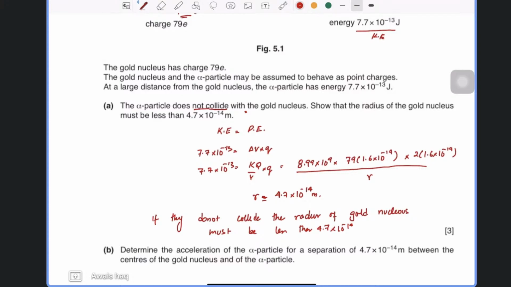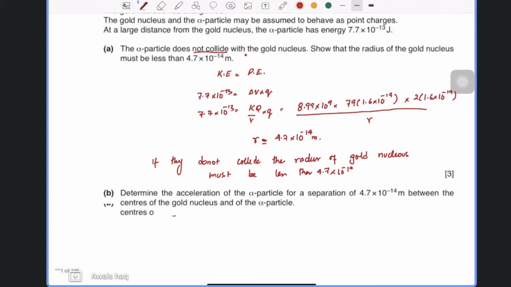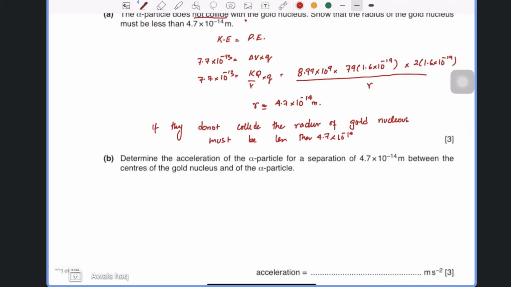So that's fine. Then in the next one it says determine the acceleration of the alpha particle for this separation between the centers of the gold nucleus and the alpha particle. Now we have the separation, and we know that the force F is kq over r squared. So we're going to find the force first, and we are looking at the acceleration of the alpha particle.